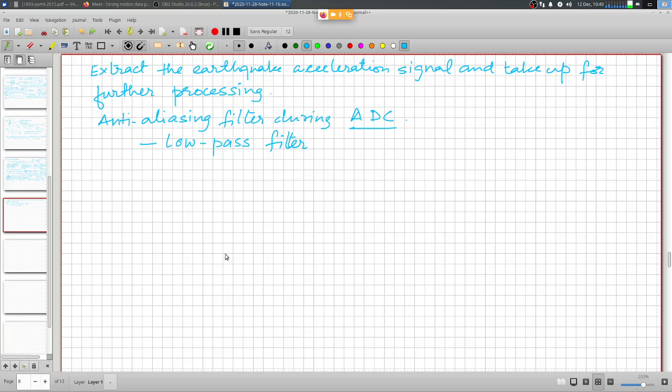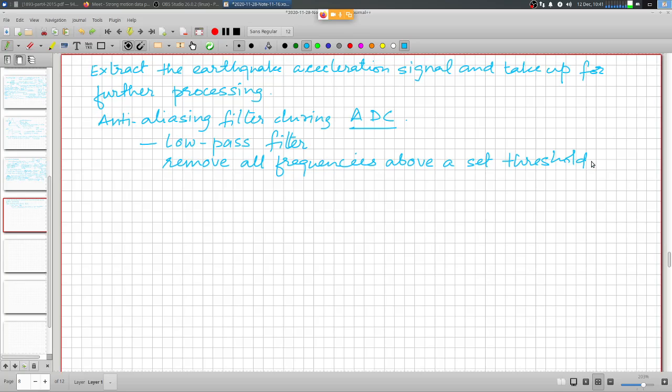So it will chop off or remove all frequencies above a set threshold.